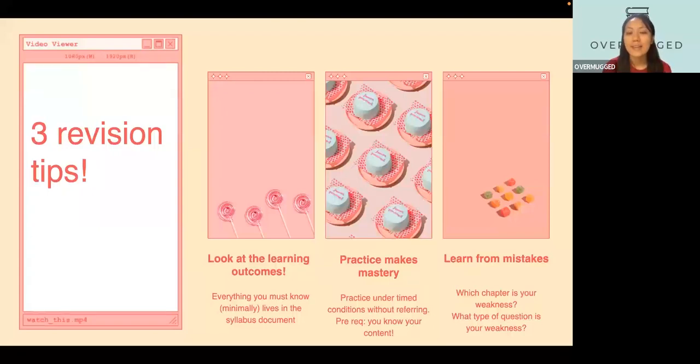And then the last tip is that you need to learn from your mistakes. There are some chapters that students hate. I remember when I was a student, I hated all the plants chapters. Because of that, my weakness came from the plant chapters. I didn't really want to go deep into it.